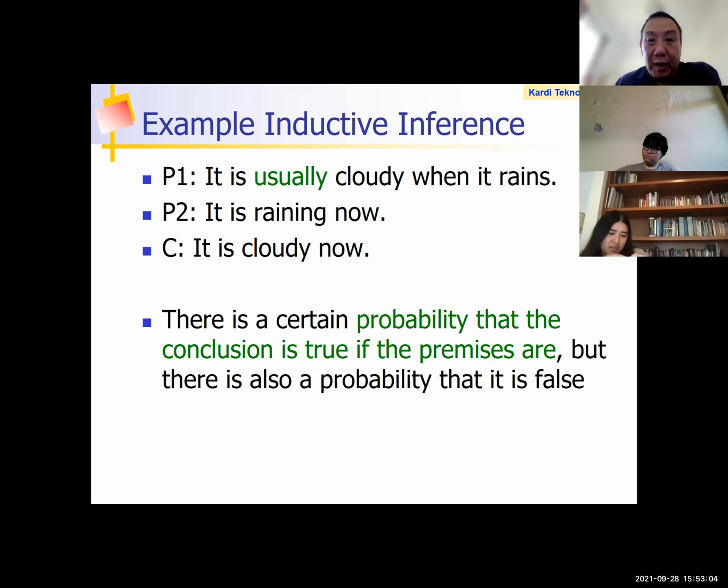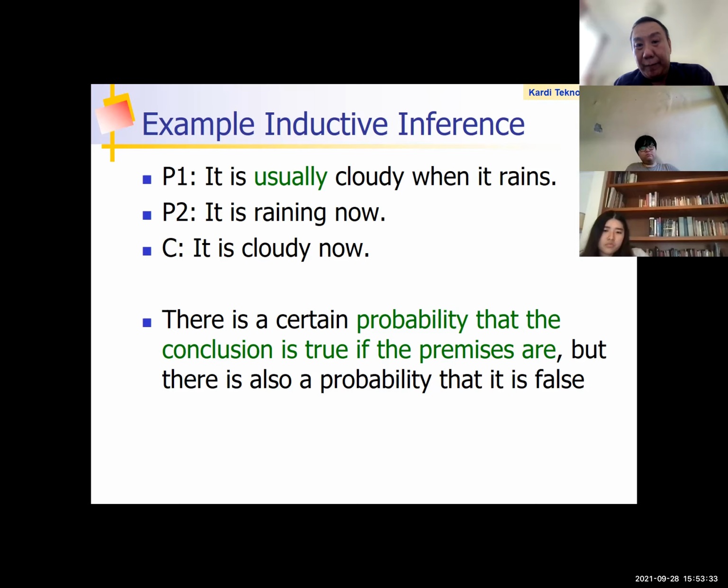Okay. How about this? P1: It is usually cloudy when it rains. P2: It is raining now. The conclusion: it is cloudy now. So the word usually there is the most important.